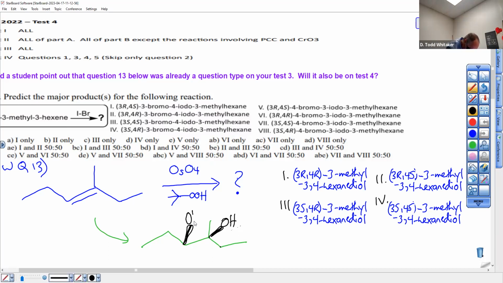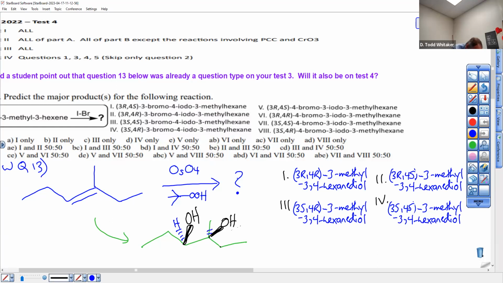Yes, both wedges still, right? Because it's syn addition, that didn't change. Now you've got to figure out what's going on here. It's not a great looking stereocenter, but at least the wedge and dash are adjacent. And on this one, I'm going to go like this.